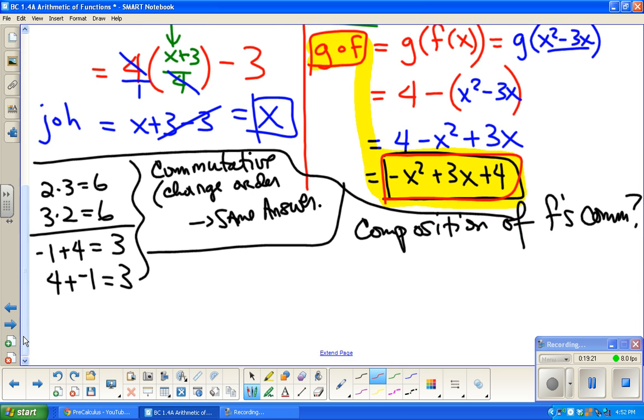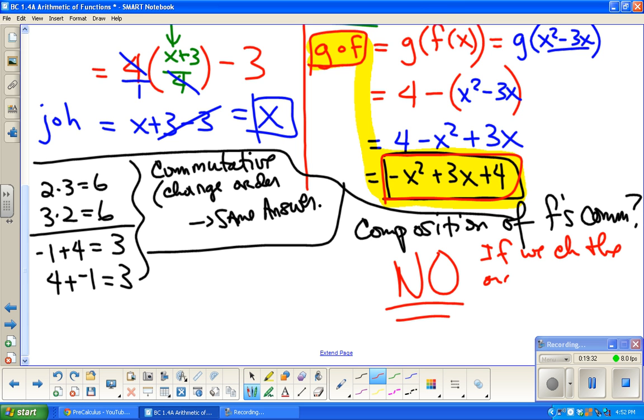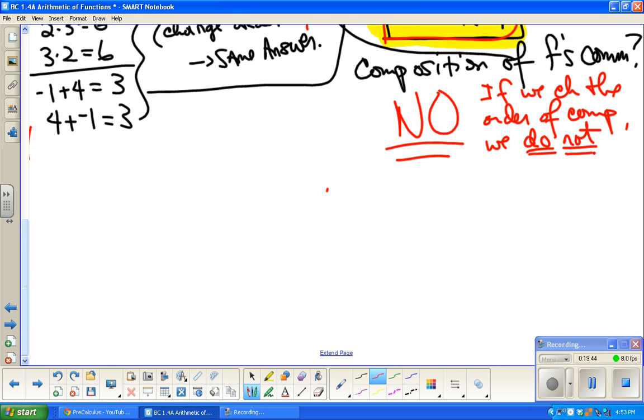Okay, so composition of functions commutative? No. Okay, what's that mean? If we change the order of composition, we do not, sorry, I gotta pop the page again. We do not always get the same answer.